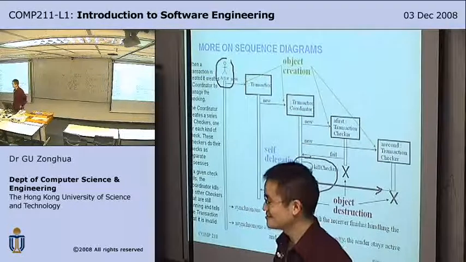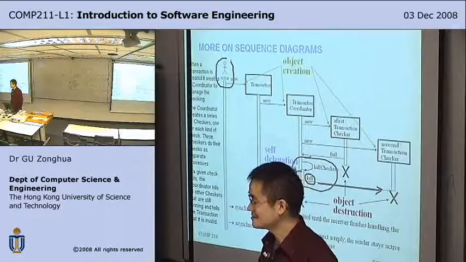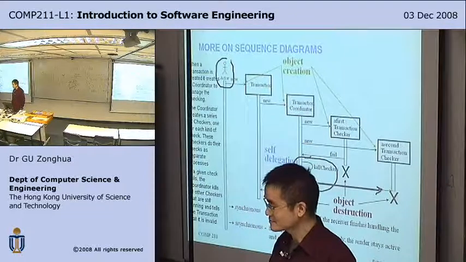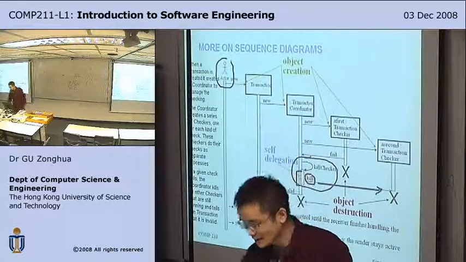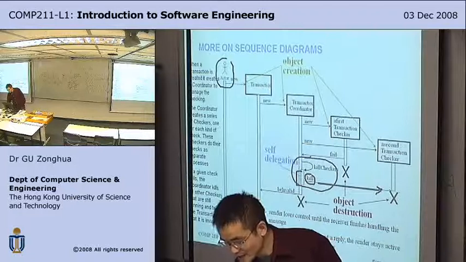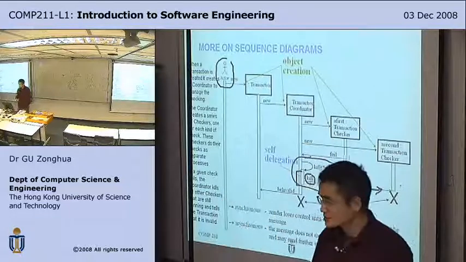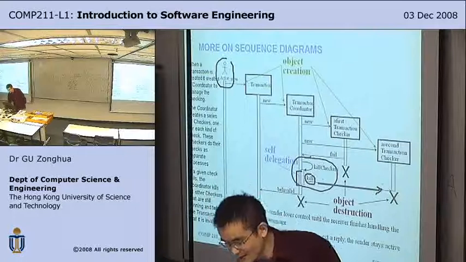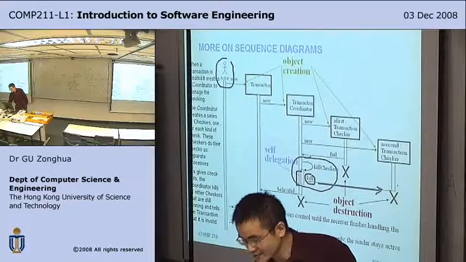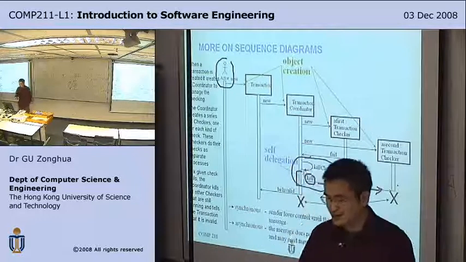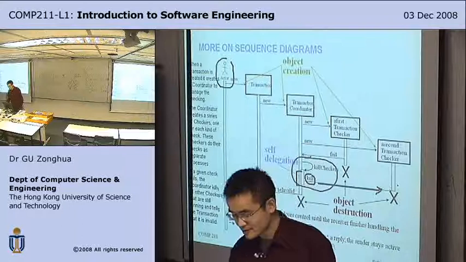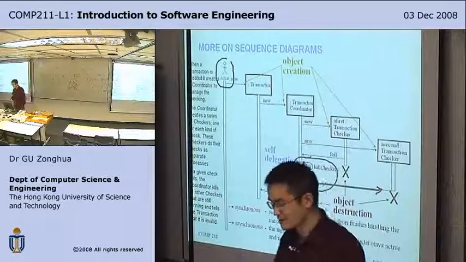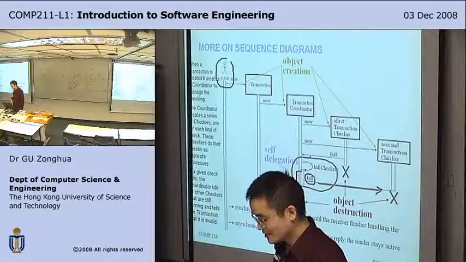And how about object destruction? This is because of Q that it killed the other system. Object destruction, you can self-destruct. In C++, you can do delete self, right? In here, say this guy gets a kill command, and then it does delete self. So it just happens to be named kill.